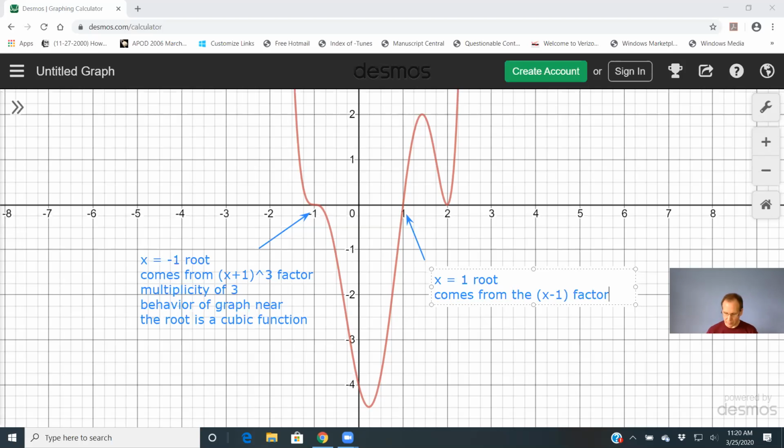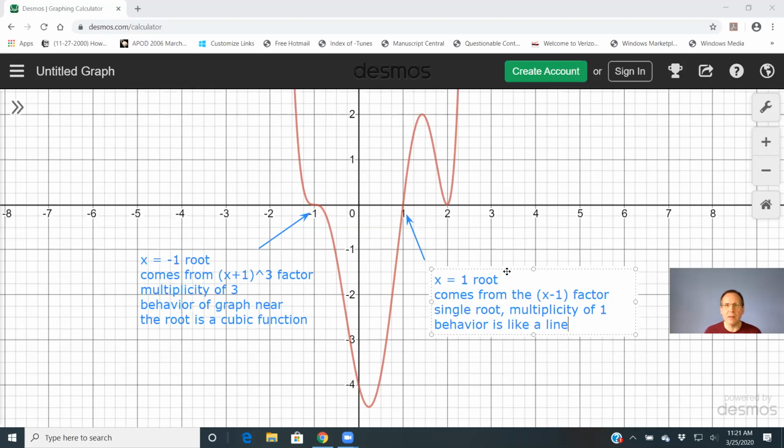It has multiplicity 1. And what is the behavior of the graph? Well, it looks like a line, just x. So the behavior is like a line, a linear function passing through (1, 0).